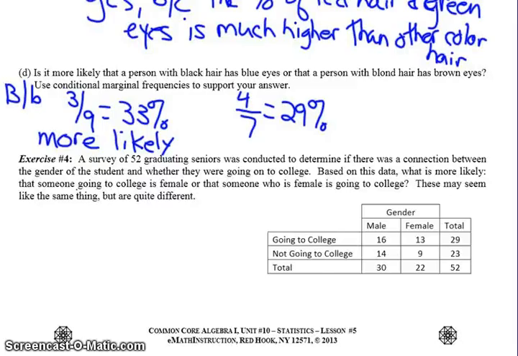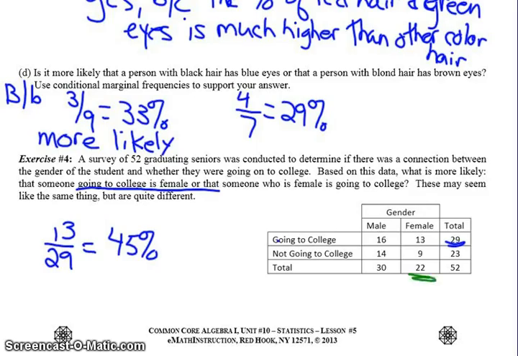We want to know going to college is female. So going to college, that's where you're going to get your total from, 29, is female, 13. All right, and that is going to give me 45%. The other one, someone who is female, so now we're looking at this total, going to college is the 13.